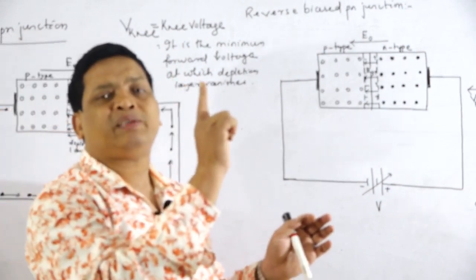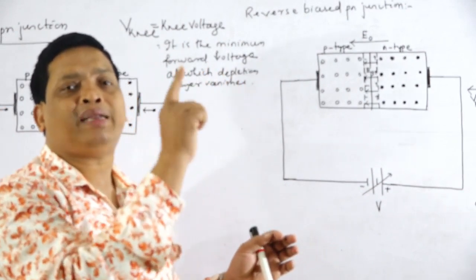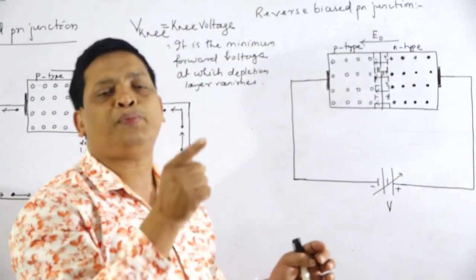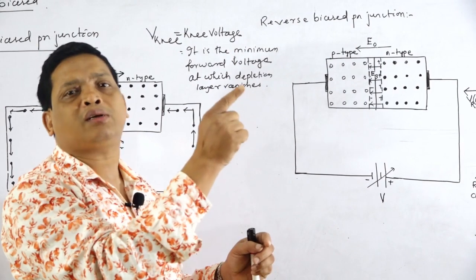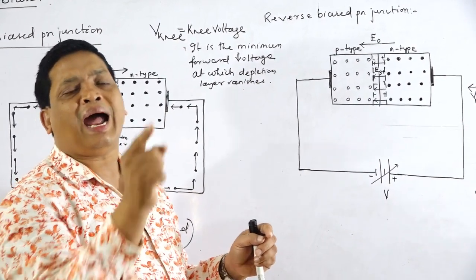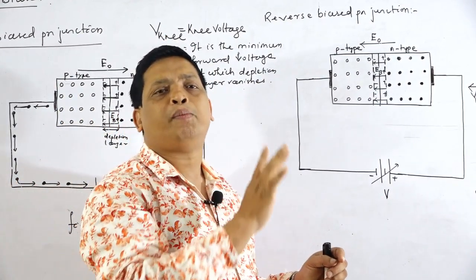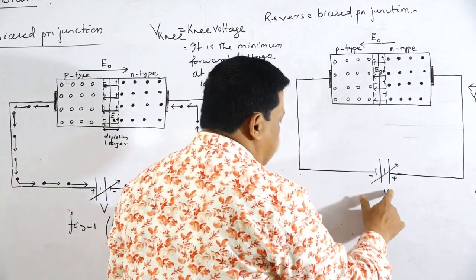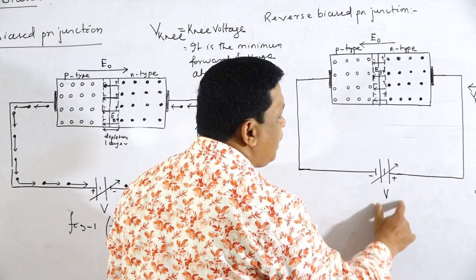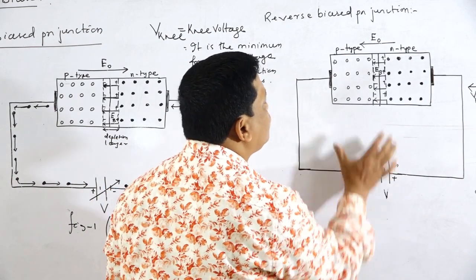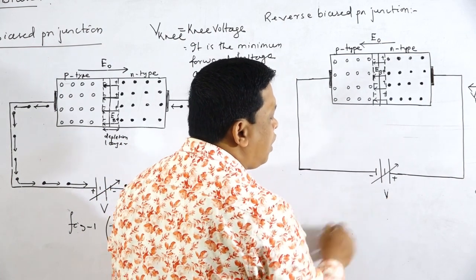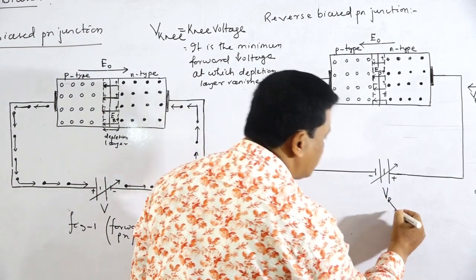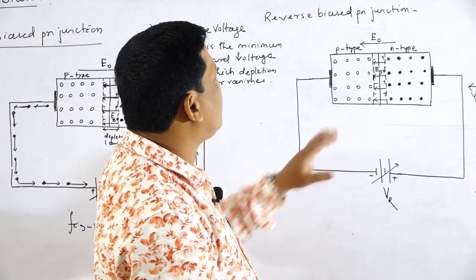In the forward biased p-n junction, p material is connected to positive and n material to negative, but in the reverse biased p-n junction, p material is connected with the negative terminal and n material with the positive terminal of the battery. This voltage which we are now applying to the p-n junction is called reverse voltage.